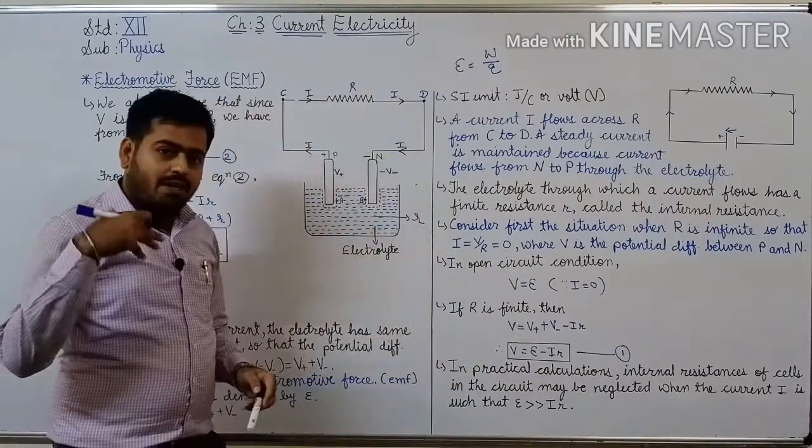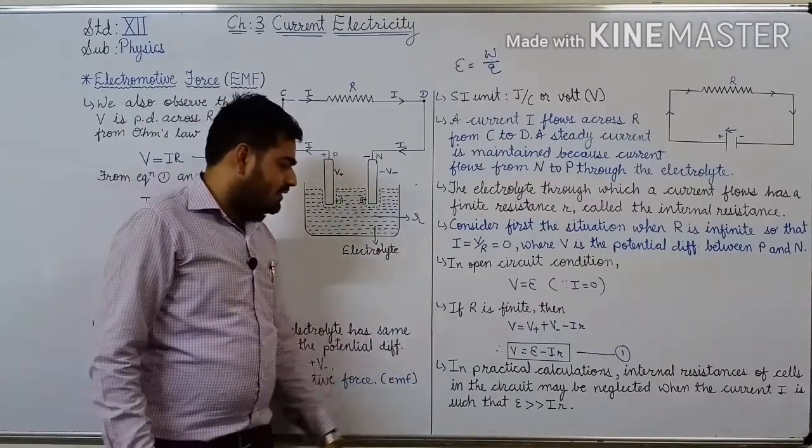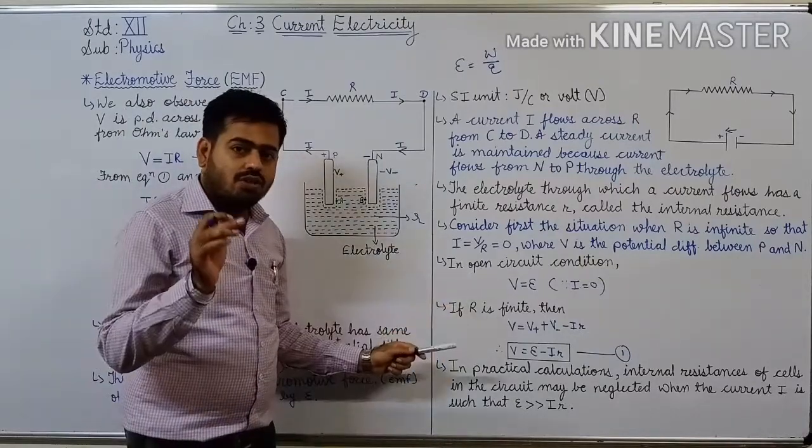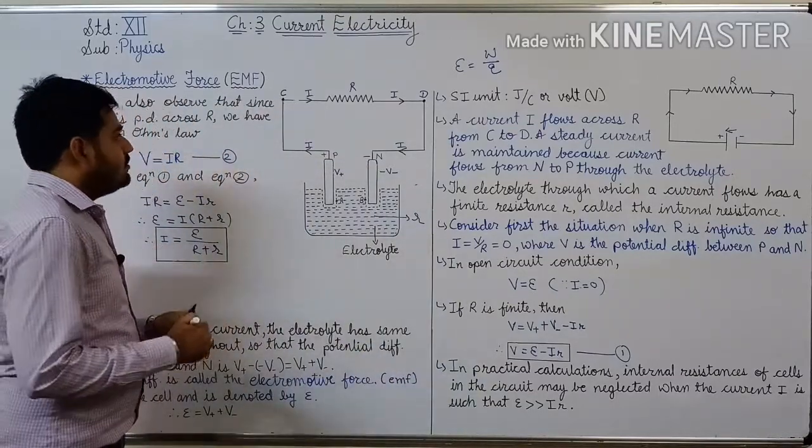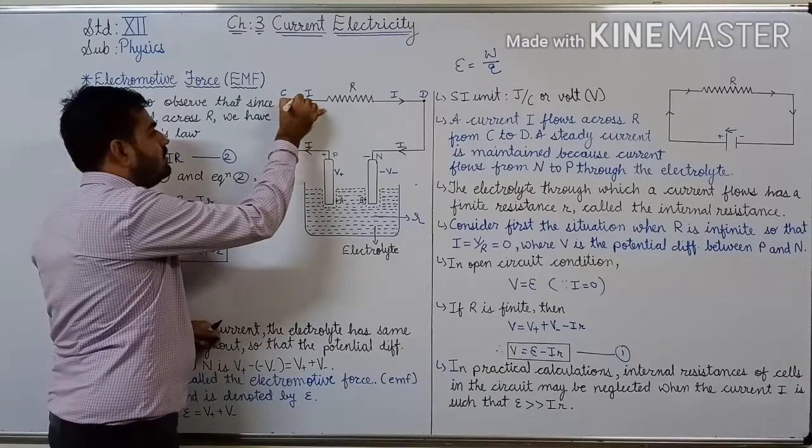But the situation will be different when we consider the closed circuit condition. In the closed circuit condition, the value of current will not be 0.